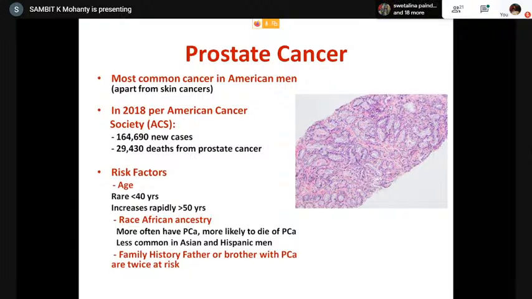It increases sequentially and rapidly after 50 years. Men of African American ancestry more often have prostate cancer and are more likely to die of it. It is less common in Asian and Hispanic men and also in Indians. If there is a family history of a father or brother with prostatic carcinoma, the person is at about twice the risk of developing cancer.